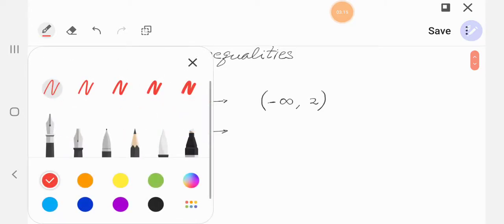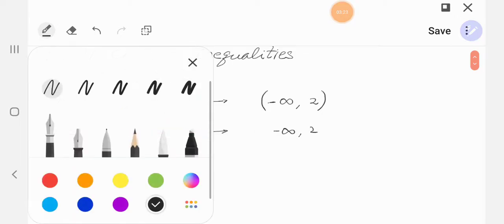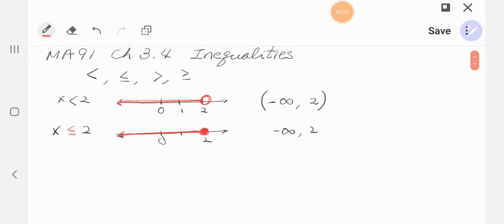For the interval notation, the left value is negative infinity, and then it goes all the way to the right, to the number 2. And 2 is included. In this case, if it's included, then use a bracket. And infinity is always a parenthesis.